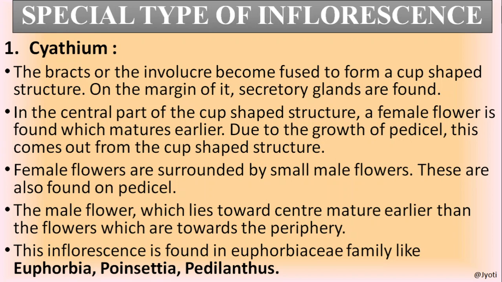In the central part of the cup-shaped structure, a female flower is found which matures earlier, due to the growth of the pedicel. This comes out from the cup-shaped structure. The female flower is surrounded by many small male flowers, and they are also found on pedicels. The male flowers which lie towards the center mature earlier than the flowers which are towards the periphery.